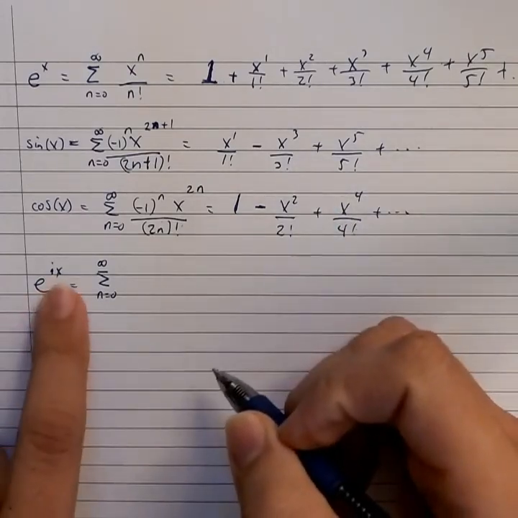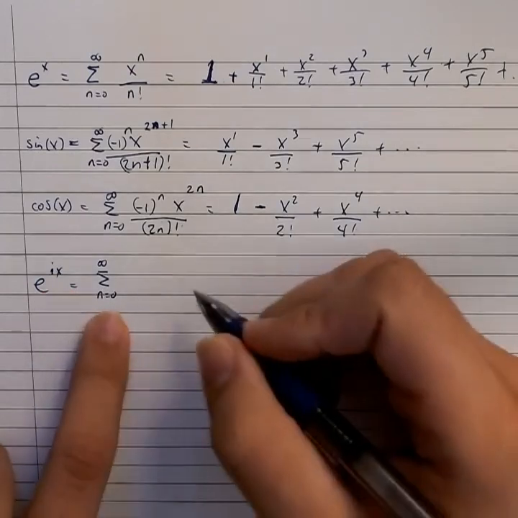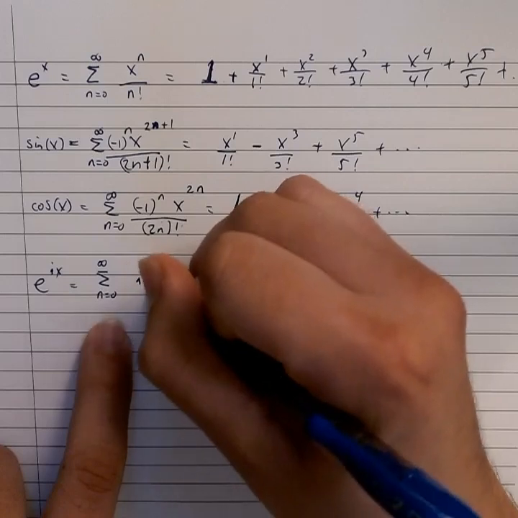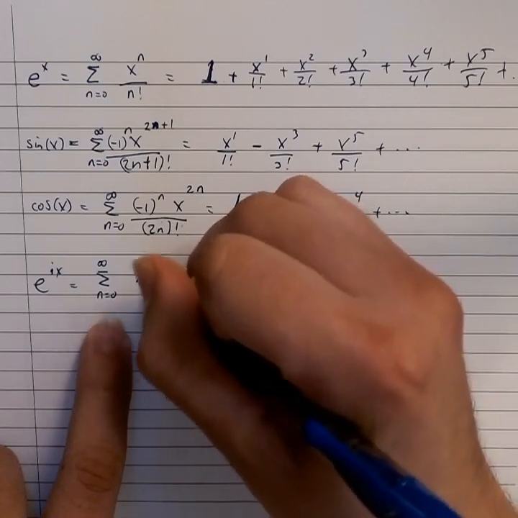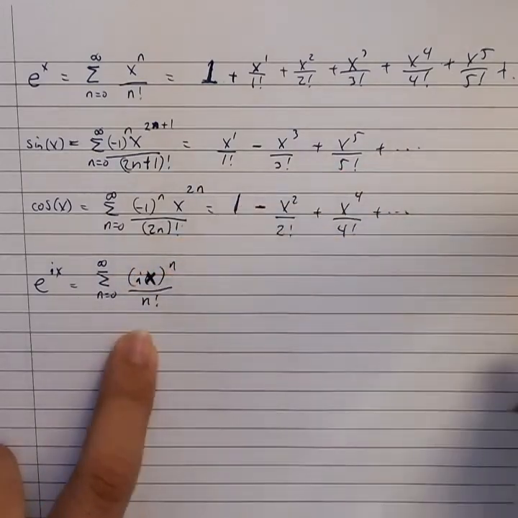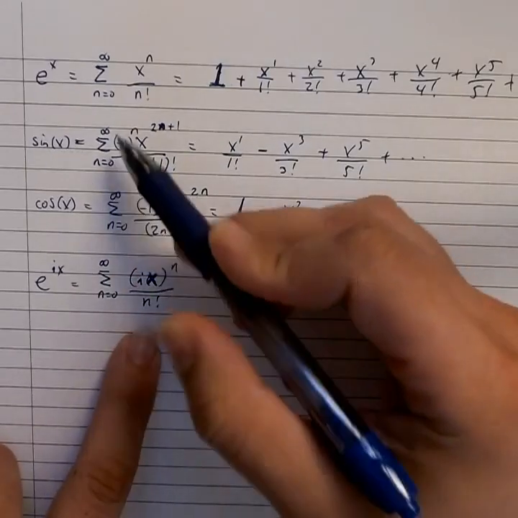So here, e to the ix is equal to the sum, n goes from 0 to infinity, of (ix) to the power n over n factorial. All I'm doing is plugging in an ix instead of an x.